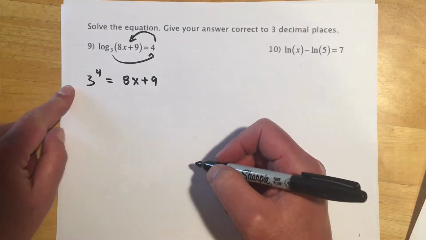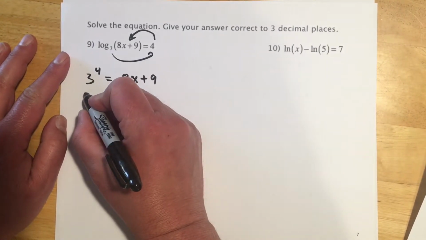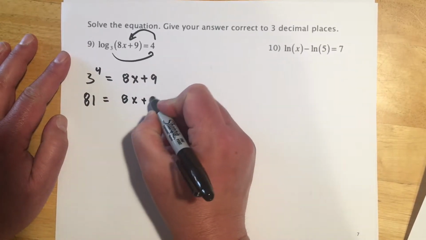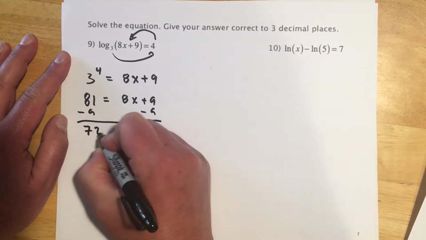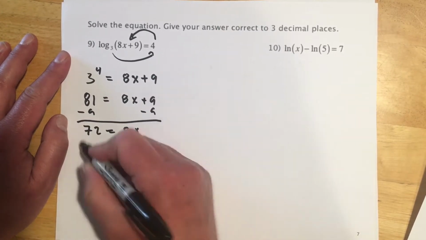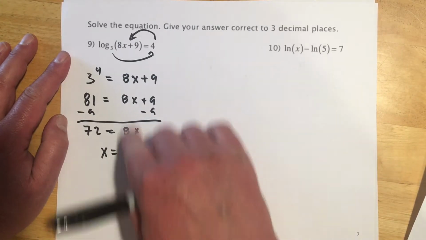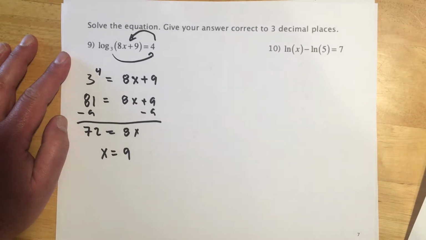And then this is just a little linear equation, so we can solve that. So 3 to the 4th is 81, and that equals 8x plus 9. I'll subtract the 9 on both sides. 72 equals 8x, and then dividing over the 8, x equals 9. If I put the 9 in, it doesn't come out negative, so everything's good. That's a legitimate answer.